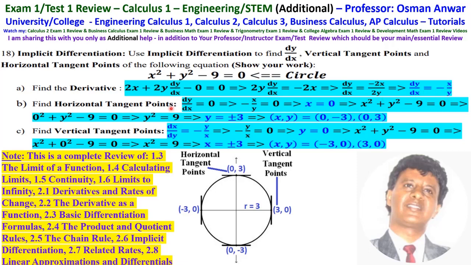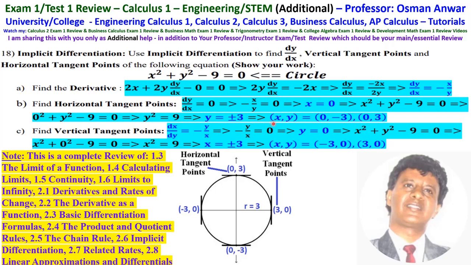Then to find the horizontal tangent point, set dy by dx equal to 0, which is minus x over y equal to 0, which is x equal to 0. Then x squared plus y squared minus 9 equal to 0 means 0 squared plus y squared minus 9 equal to 0. That is y squared equals 9. Then y equals plus or minus 3.